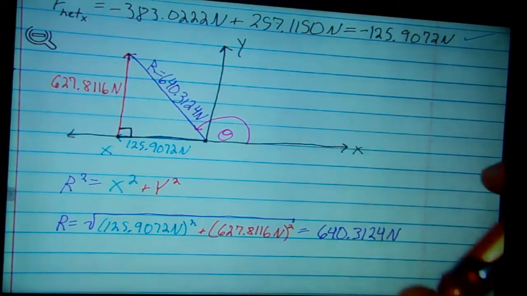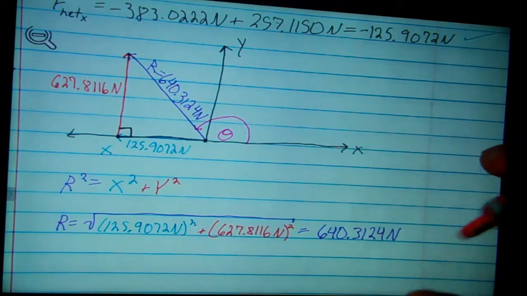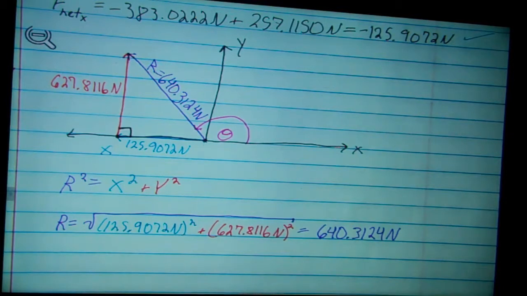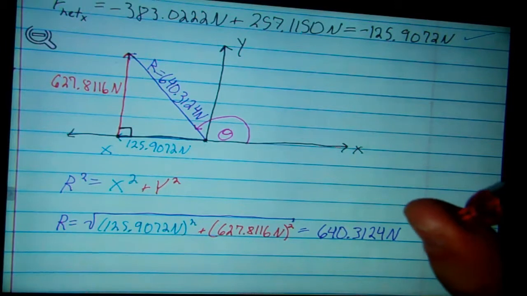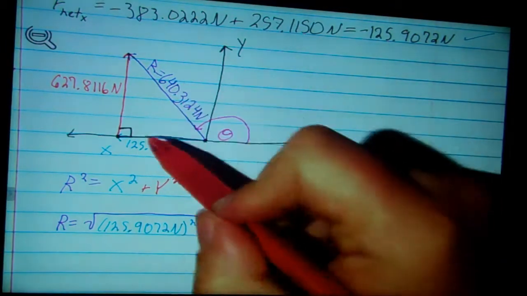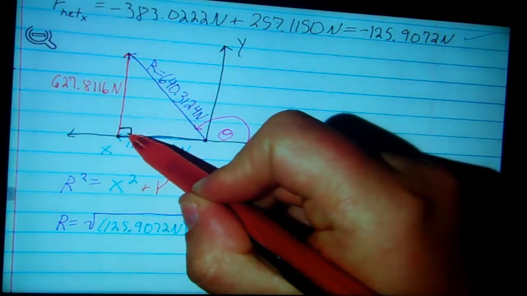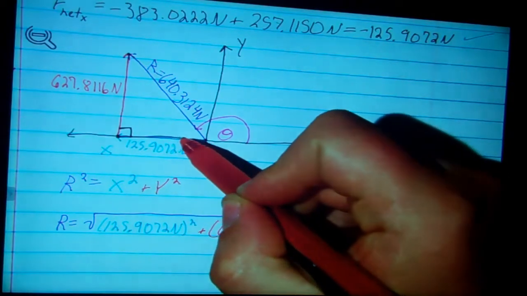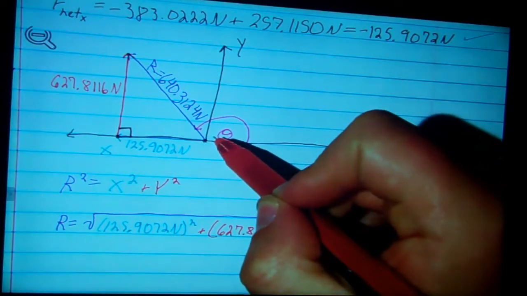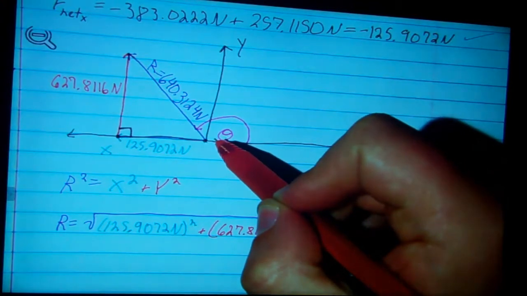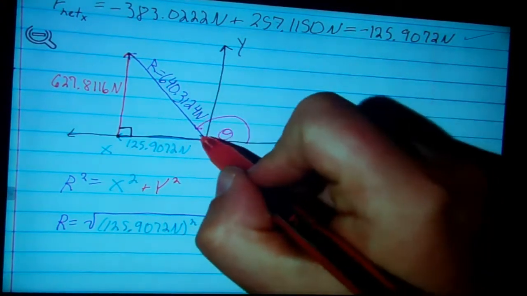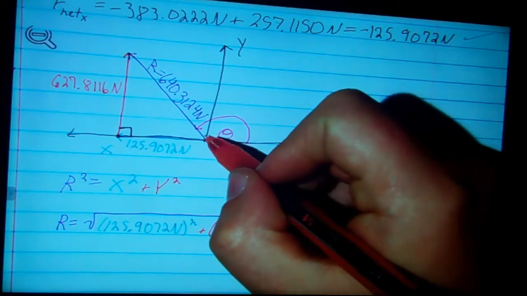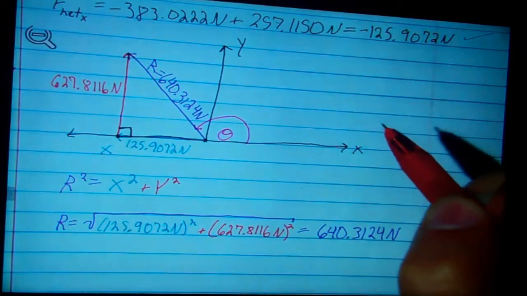You just have to find the other part. The y-axis is perpendicular to the x-axis, so that's 90 degrees, and theta is more than 90. So all we have to find is the other fractional part.